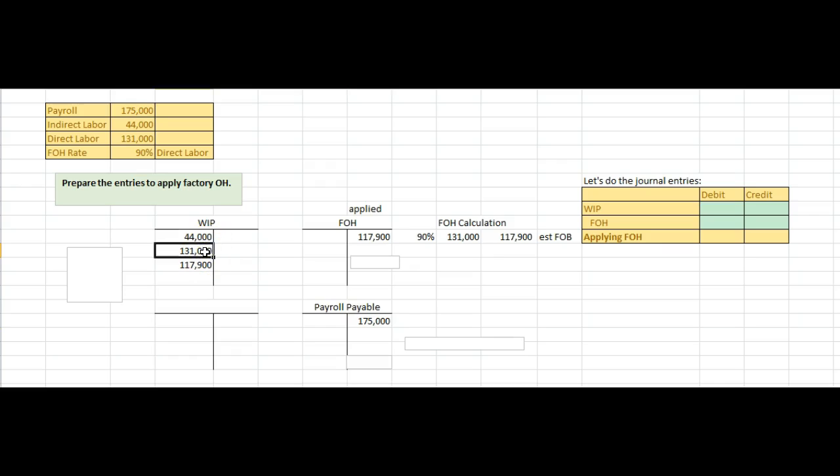Now I've got to come back and I have to get my factory overhead in there. And this is how that looks, because now you're going to increase your work in process by 117,900, and you're going to credit the factory overhead for applied, this is applied, for 117.